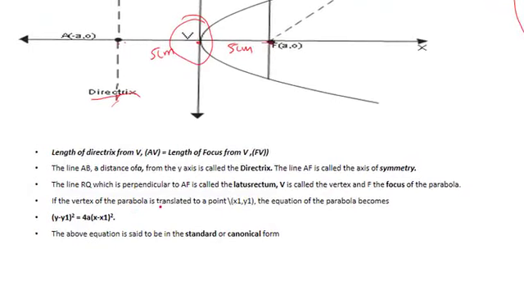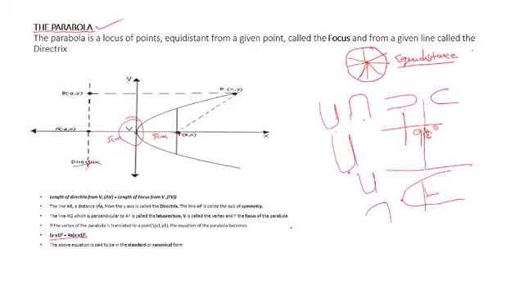Now if the vertex of a parabola is translated to a point (x1, y1), the equation of the parabola becomes this. This is the stated equation of a parabola, and the above equation is called the standard or canonical form. We are using this to solve some of the questions we'll be encountering in this lesson.